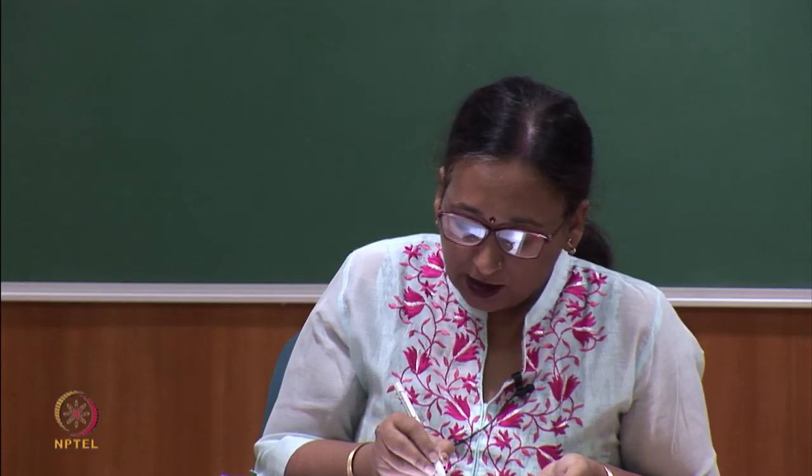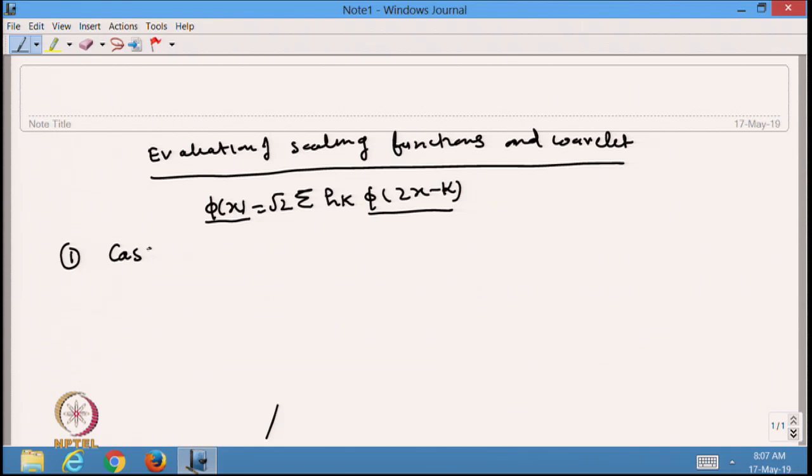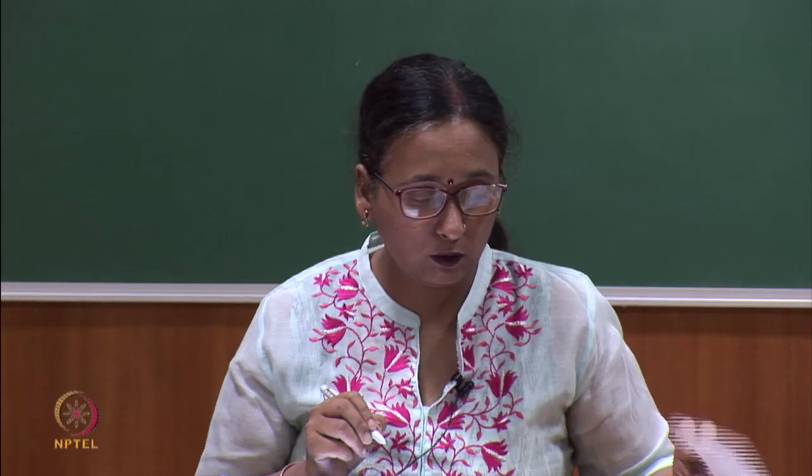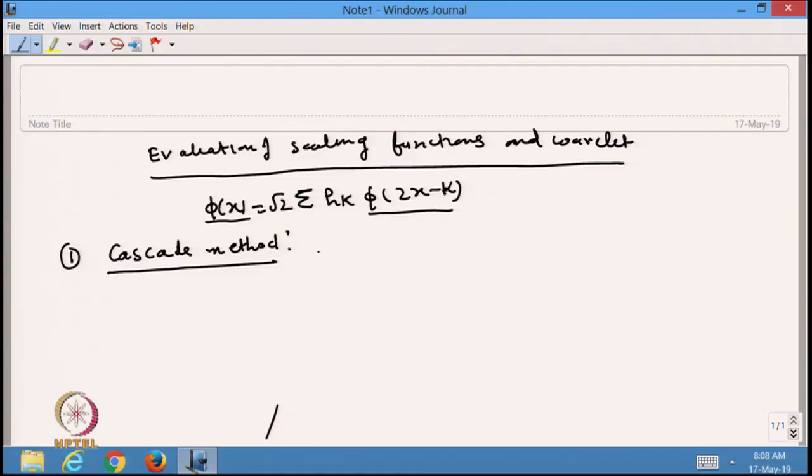The first one which I mentioned in the last lecture was the cascade method. I will explain the basic idea behind this cascade method, and for detail you could refer to Strang and Nguyen, Wavelets and Filter Banks.